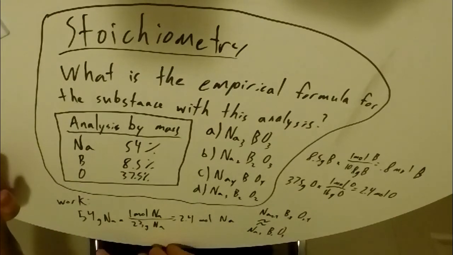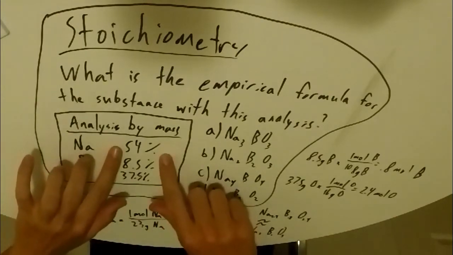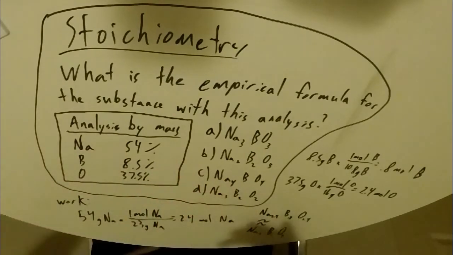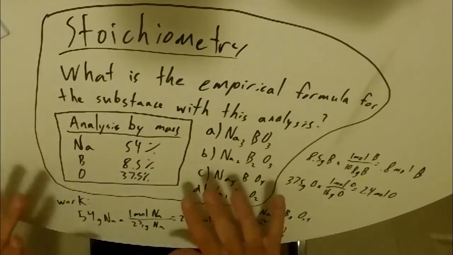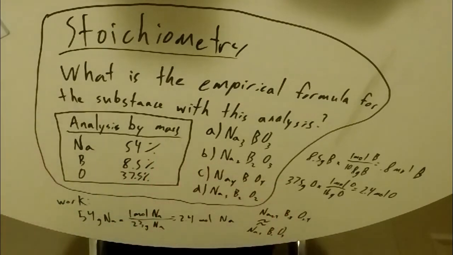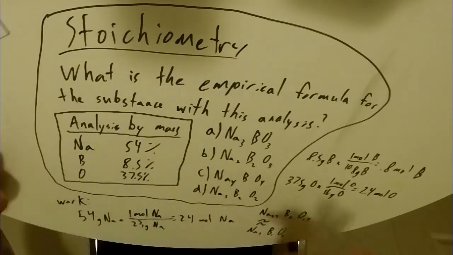So I did some work on the side. You basically just change those into grams. It's analysis by mass, so you could just change the percent to grams, just to make things easier. It's just a ratio of mass.